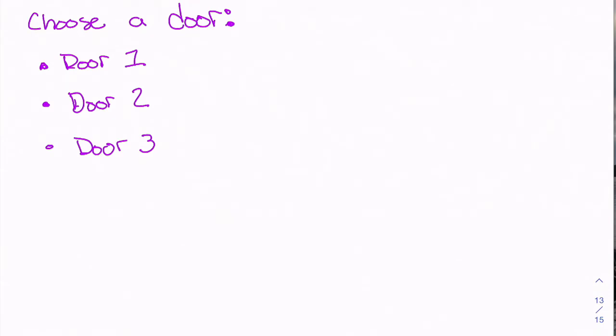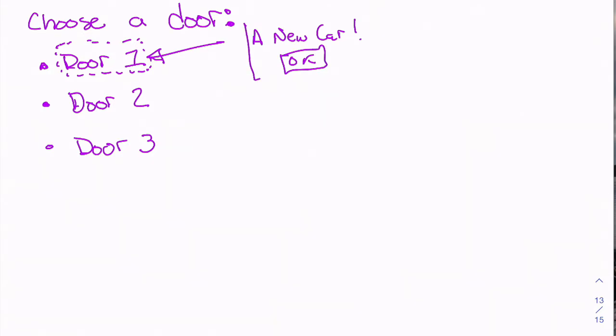Now, what's going to happen on the web page is if the user clicks on door number 1, we're going to see a pop-up box that says a new car, with an OK button that you click to dismiss the alert.